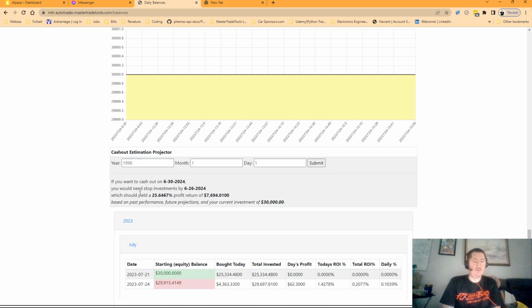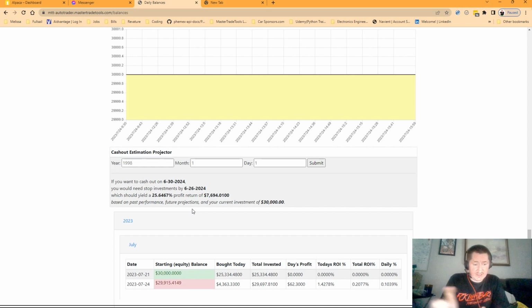There we go. So if you were to cash out on 6/30 of 2024 with our current earnings and our current market conditions, it would tell you that you need to stop investments on or by 6/26 of 2024, which should yield a 25.6467% profit return, which would be a profit of $7,694.01.